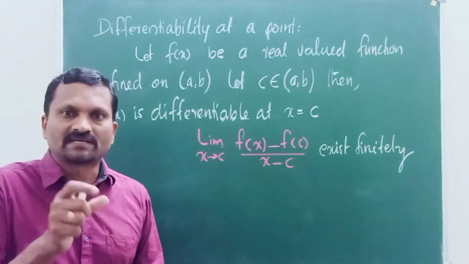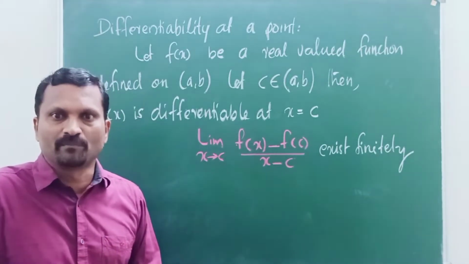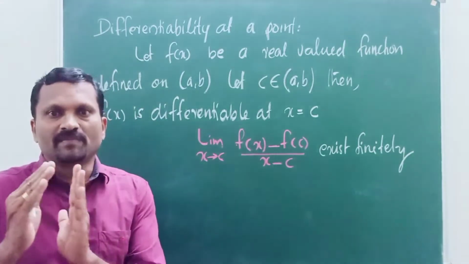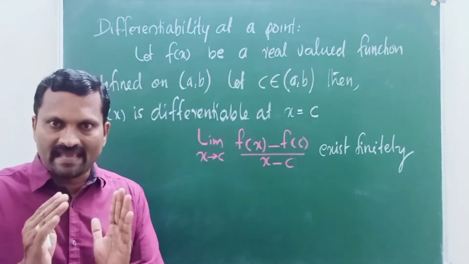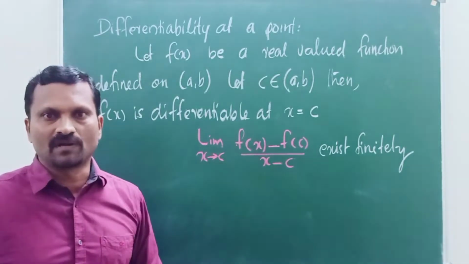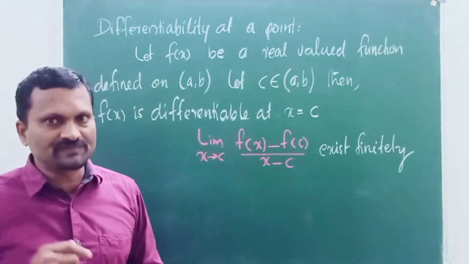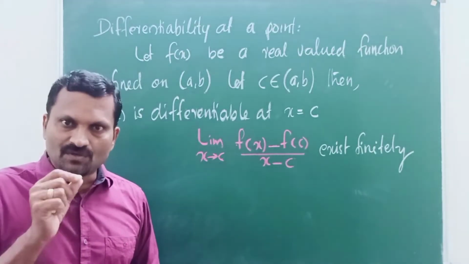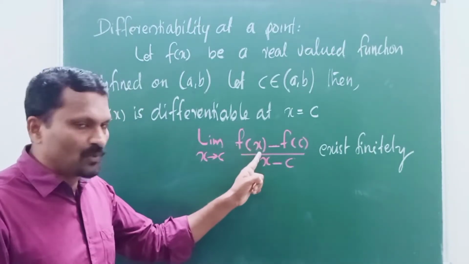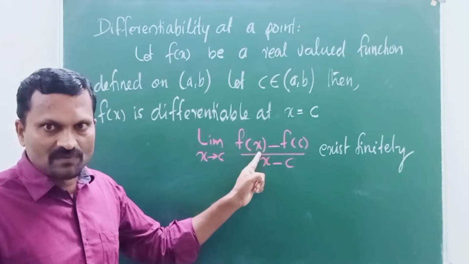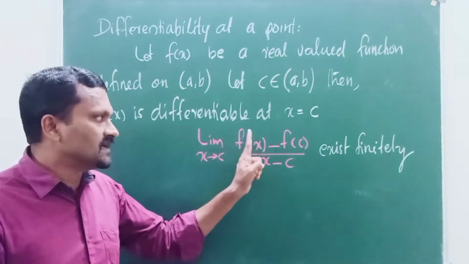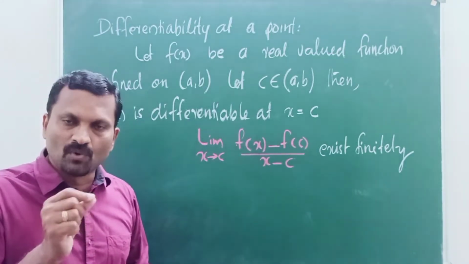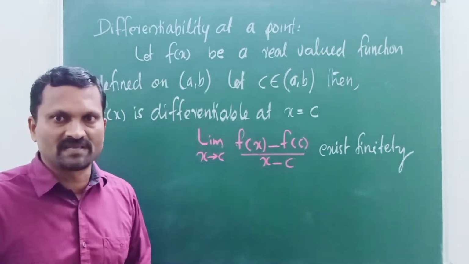The limit of a function exists at a point means its left limit and right limit exist and they are equal. How to find left and right limits? To get the left limit, put x = c minus h, and to get the right limit, put x = c plus h.